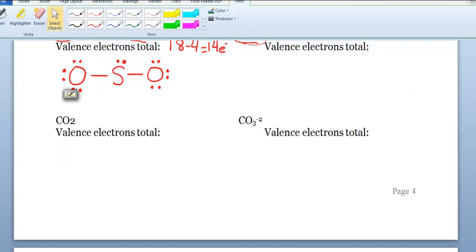And I'm going to erase this pair down at the bottom and share it in between there. I've created a double bond.